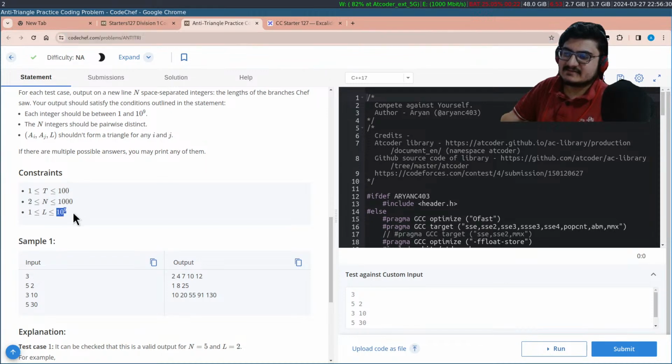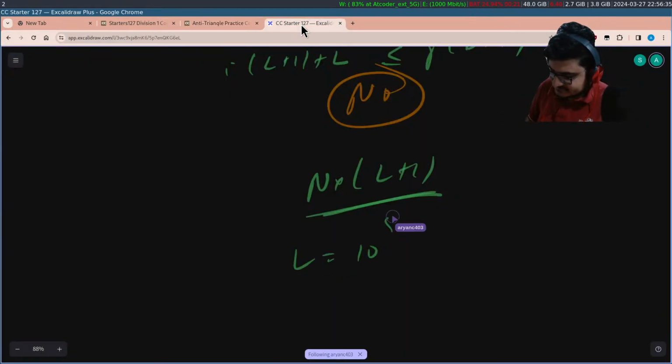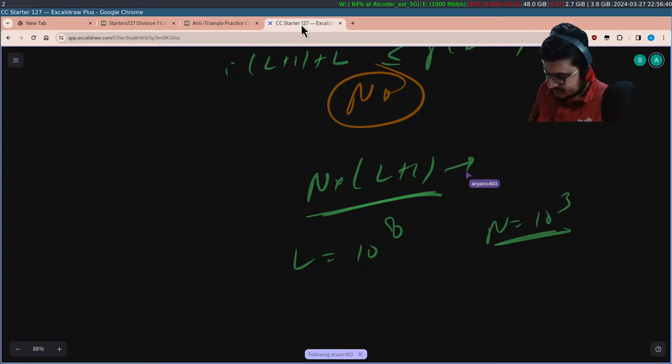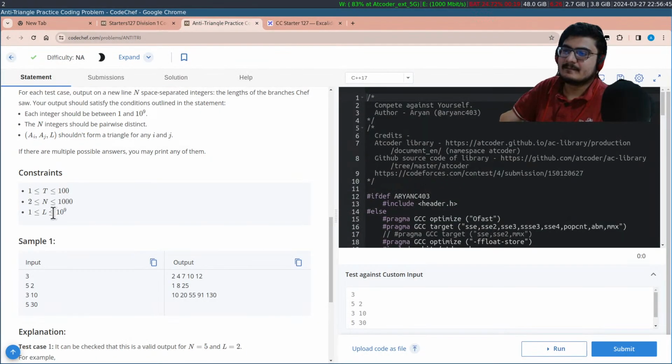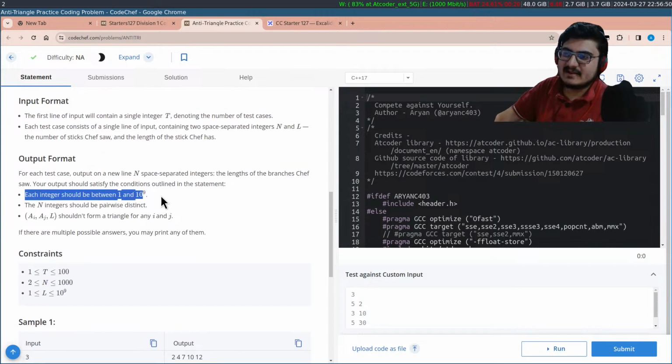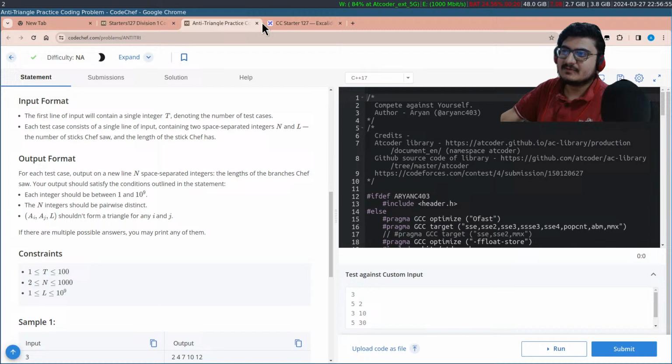Let's say the constraint is L equal to 10 to the power 8 and n equal to 10 to the power 3. Then this number would be around 10 to the power 11 plus 1003, and this number is greater than 10 to the power 9. So it would fail in this case. That is the problem we have.